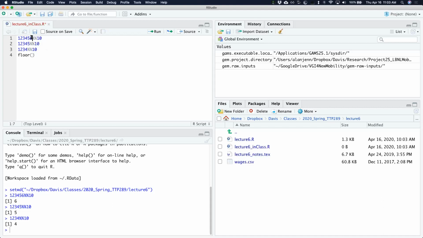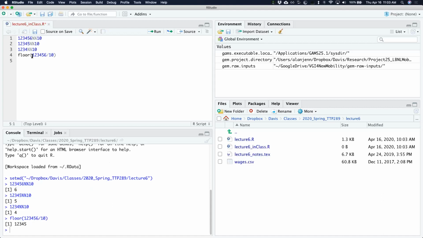If this is how I get 6, that's step 1. Step 2 is to get 5, and to make 5, I have to go from this number to this number. So if I were to do 1, 2, 3, 4, 5, 6 divided by 10 and round it down, that would give me that, right? Okay.